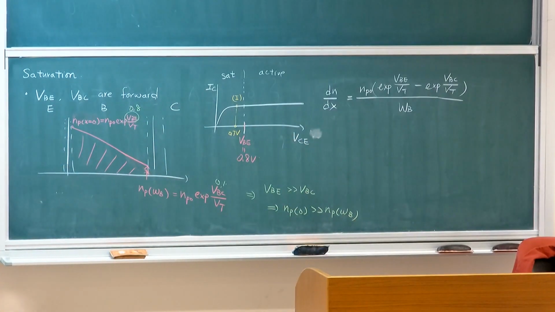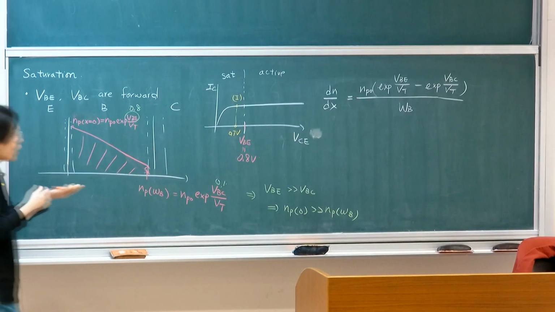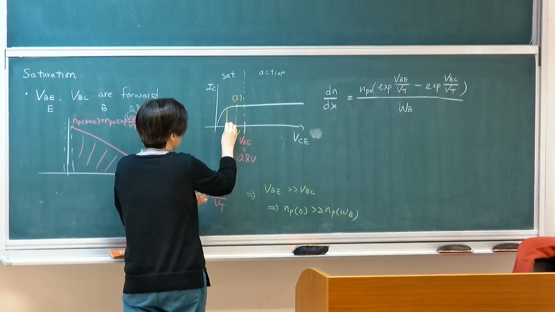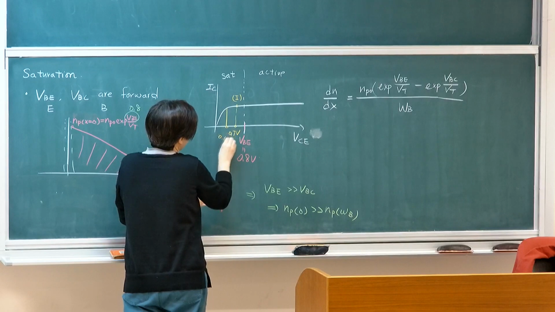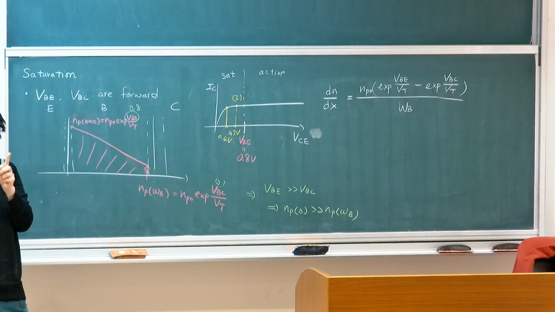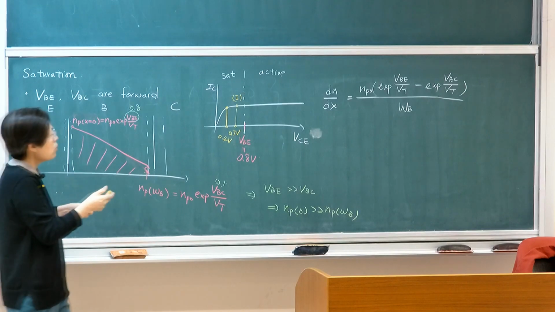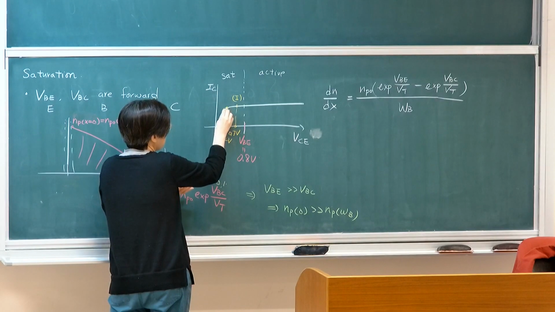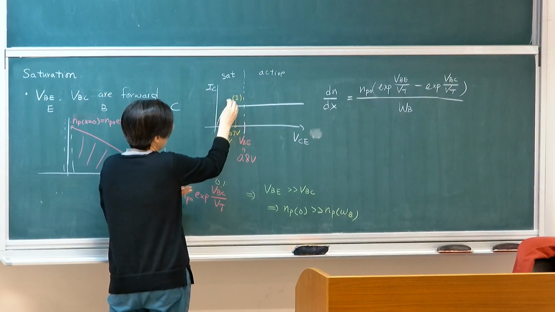So you will see the rise when it's close enough, meaning that if you're closer, for example, to maybe 0.4 volt. At 0.4 volt, the difference between the two becomes 0.4, so that you actually see the difference. Therefore, you start to see the drop.